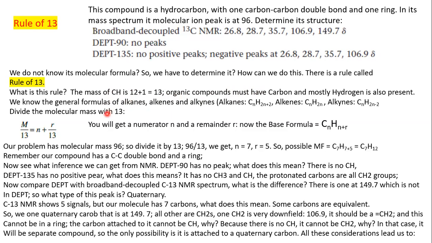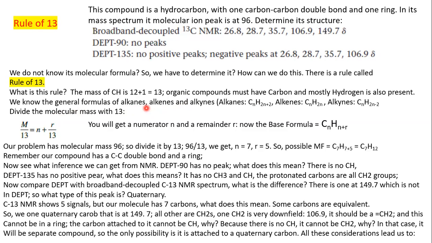So we know the general formula of alkanes and alkynes also. So these are their general formulas. We already know these things. And now what do we do? The rule of 13 is simple. Just what is the molecular mass of your compound?